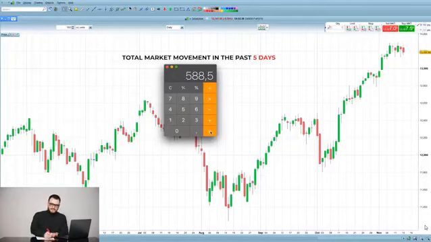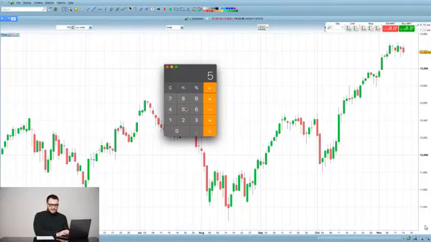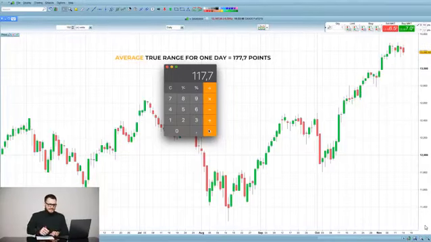Now, to calculate the ATR, the average true range, once again, we need to divide it by the number of days that we calculated, which in this case is 5. So here we get our ATR, which is 117.7 points. Now, how do we use this number?